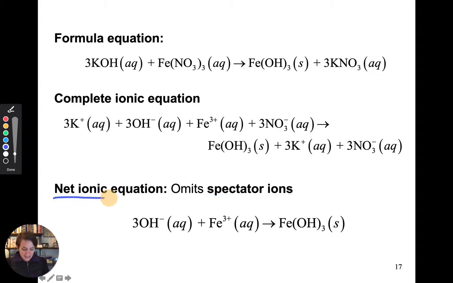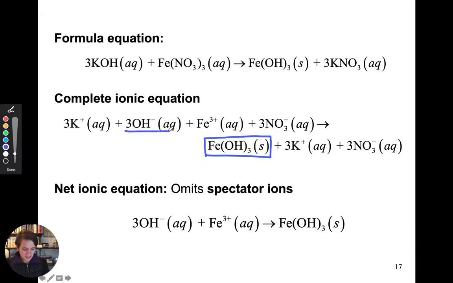The net ionic equation is just an abbreviated form of your complete ionic equation where you have omitted those spectator ions. When going from complete ionic to net ionic, this is my approach: I put a box around the species that forms a solid.